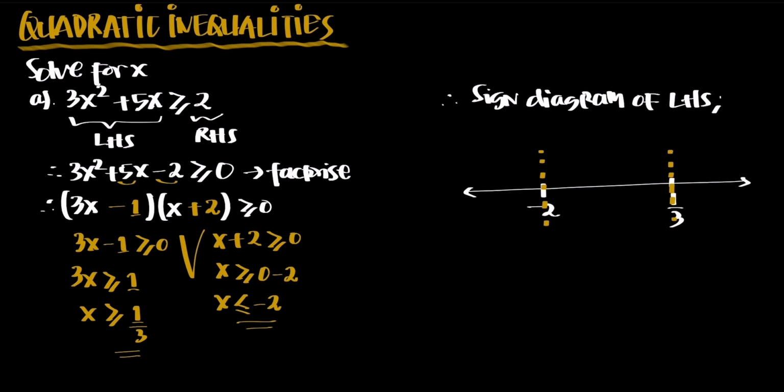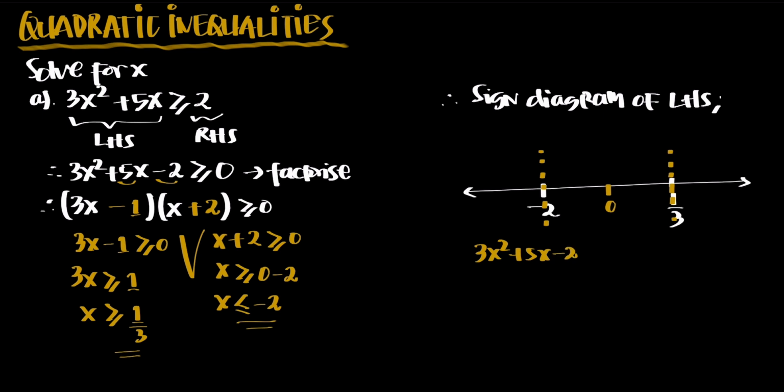Let's say there is a number here. We estimate that it's 0, so we put 0 into 3x squared plus 5x minus 2.